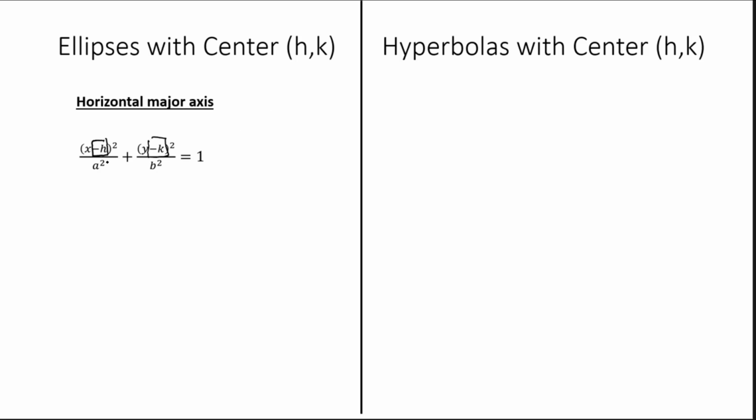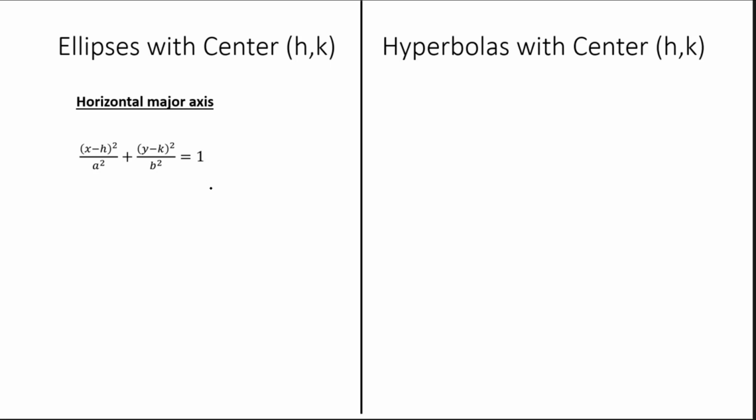The only thing to be aware of is that the signs are opposites. So a negative number in the parentheses gives you a positive number for the point. If this were x minus 3 squared, it would be a positive 3 for the x value. And if it was y plus 4 squared, it would be a negative 4 for the k value. So it's switching.